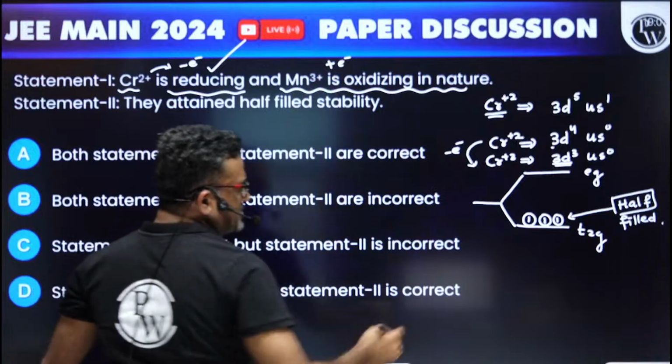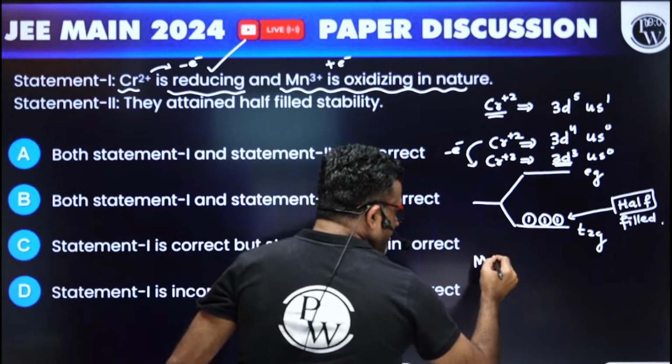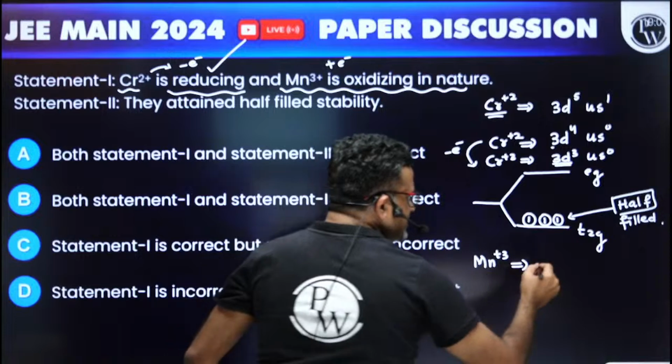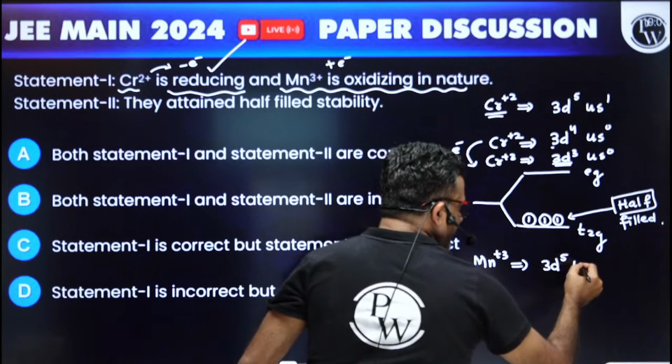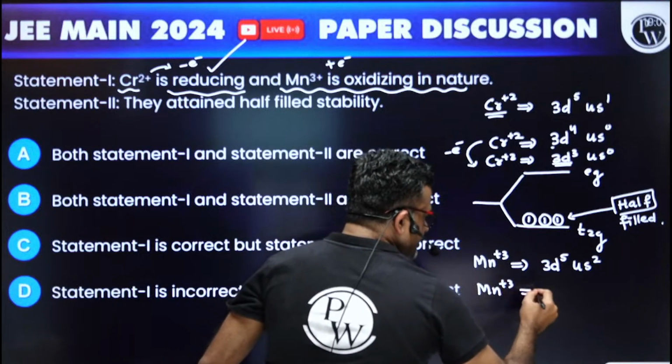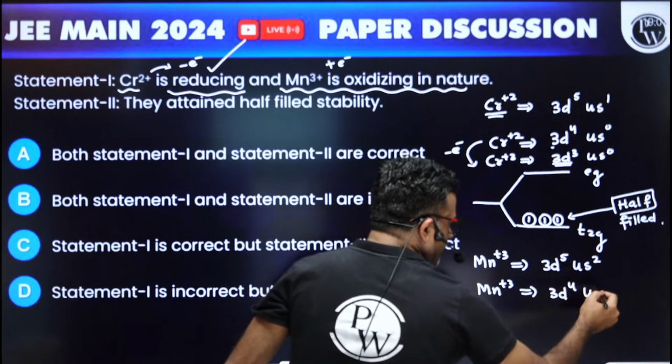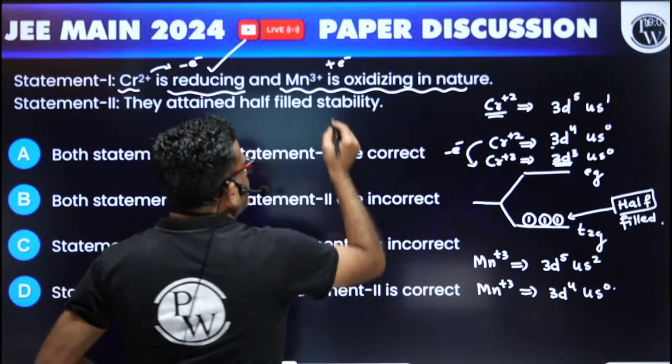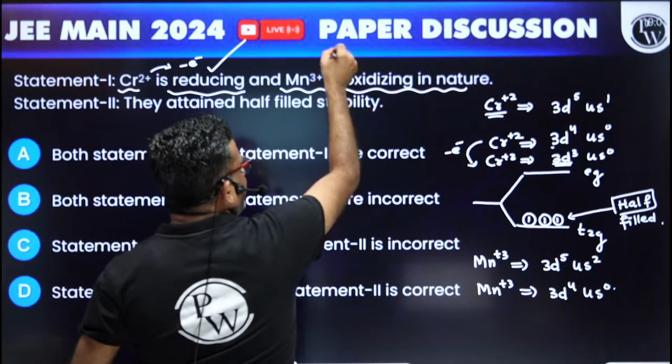What about Mn plus 3? Mn otherwise is having configuration 3d5 4s2. Mn plus 3 is having 3d4 4s0. Now if you consider this to be oxidizing, can it gain an electron?